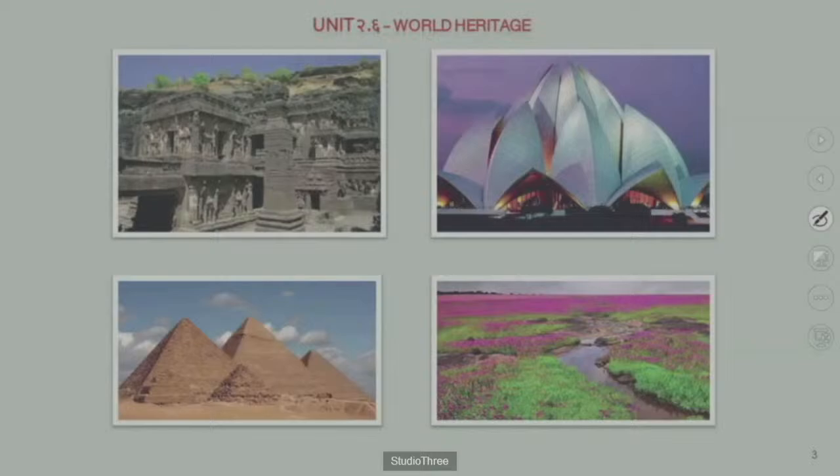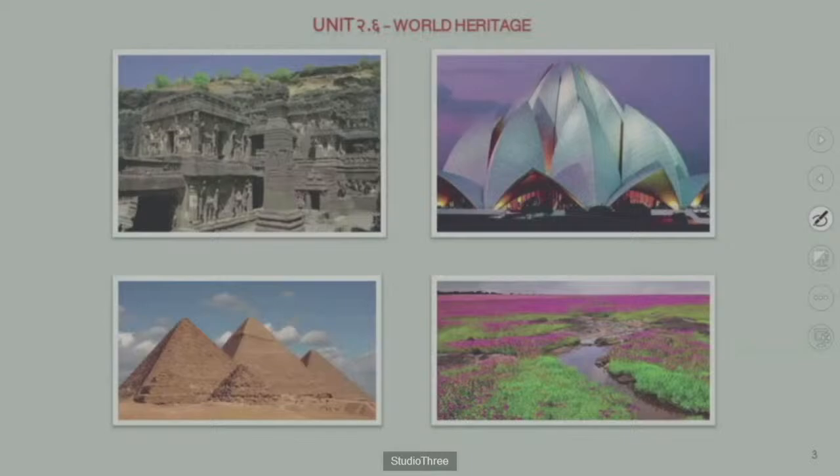Here are some World Heritage Sites. They represent human civilization on this earth, and the World Heritage Committee looks after this. It is the duty of the World Heritage Committee to preserve and protect these sites for generations to generations.